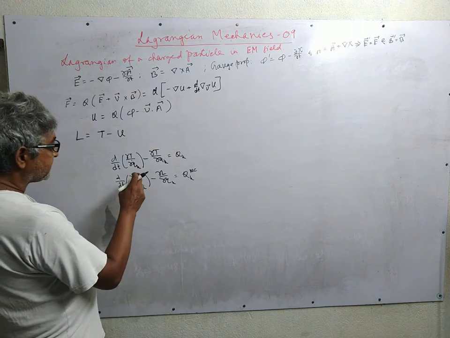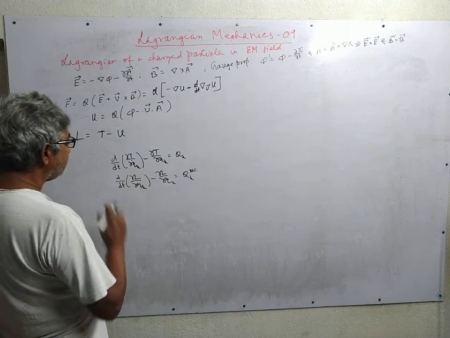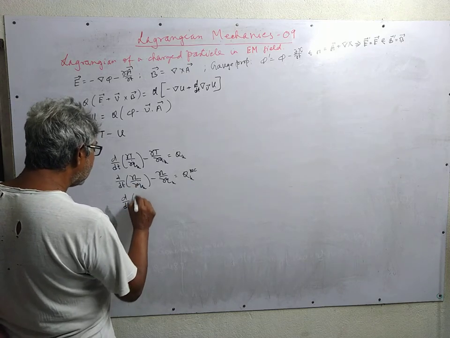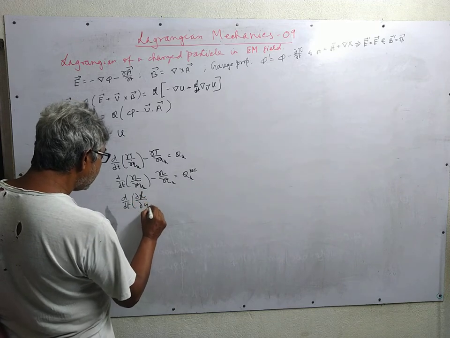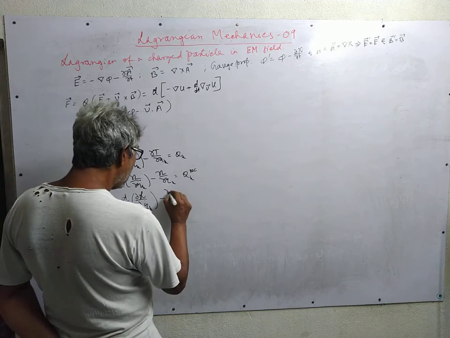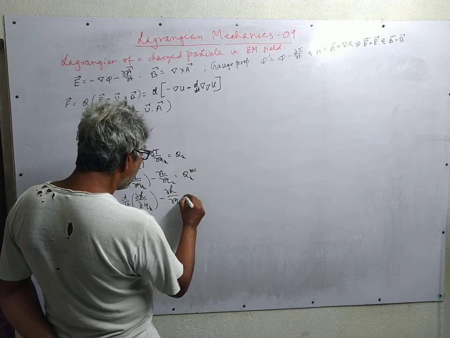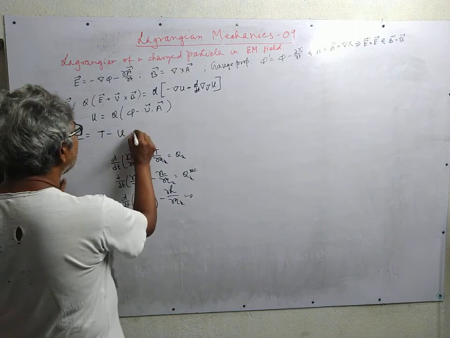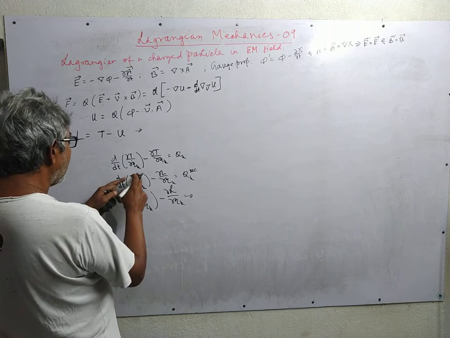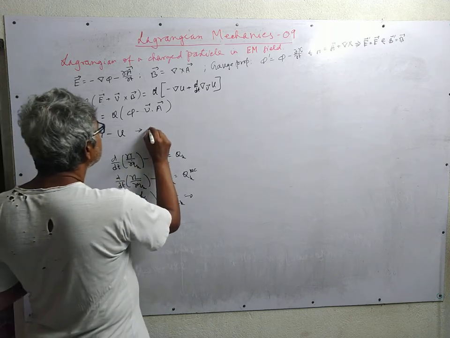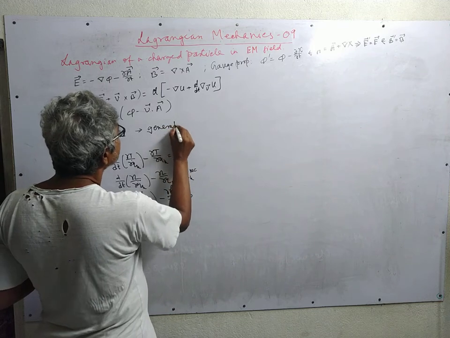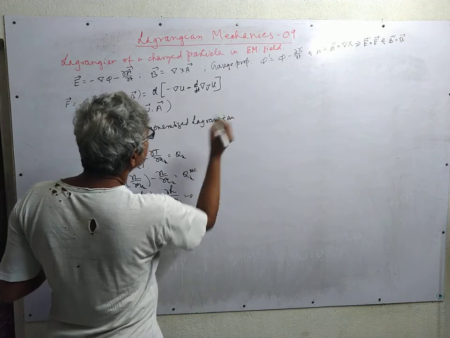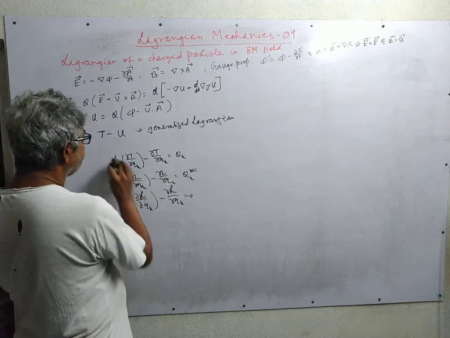So the conservative part is taken care of through the V term, or we can deal with this problem by introducing the generalized Lagrangian. Here we are actually defining the generalized Lagrangian. Still we are using L, not the cursive L. This is the generalized Lagrangian.